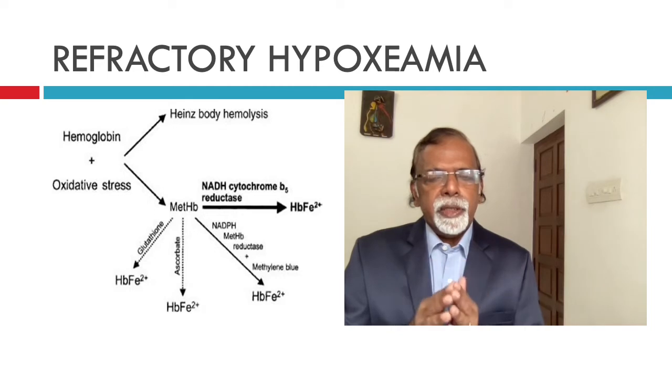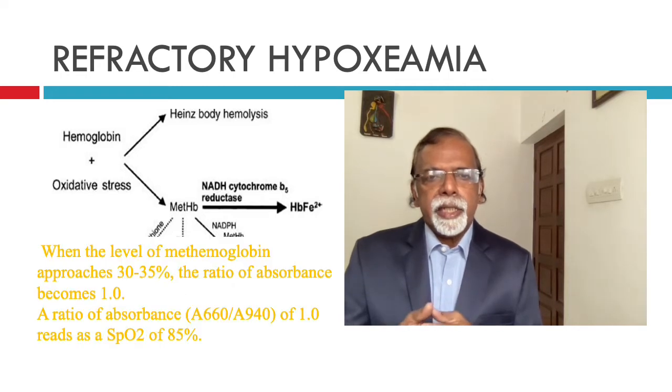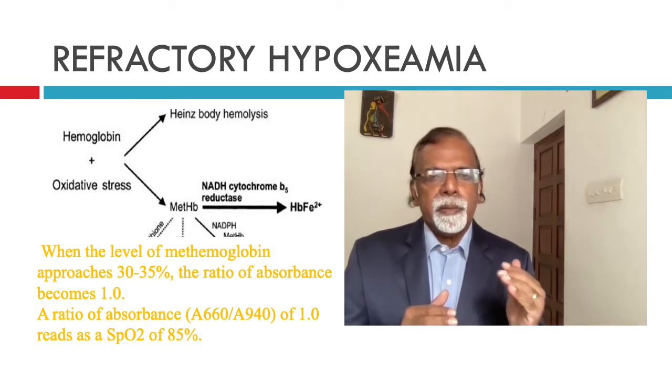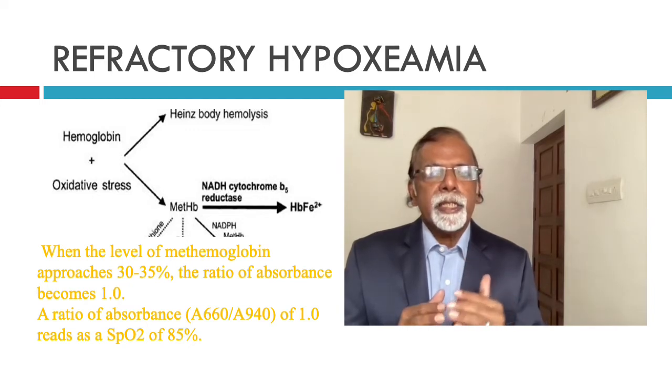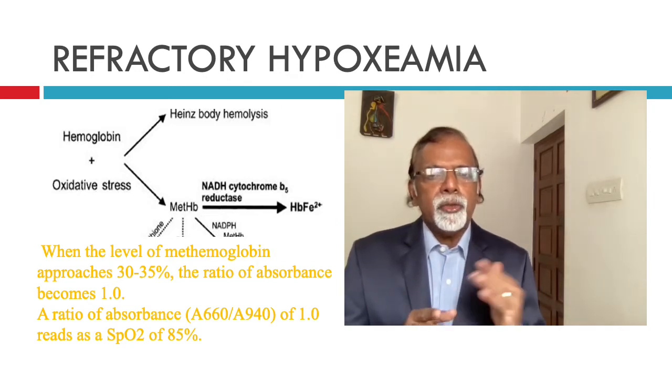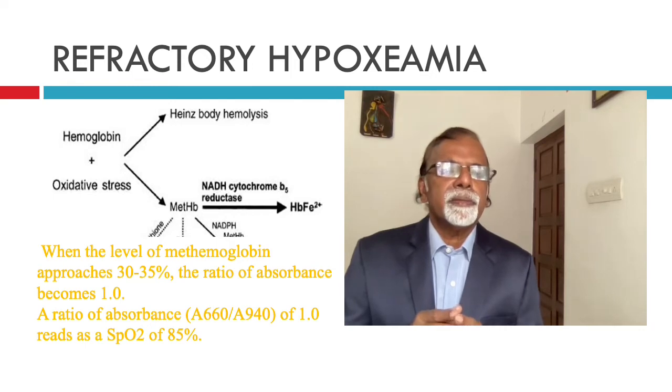So patients with methemoglobinemia, for example patients given highly oxidizing drugs like nitroglycerin, or patients on dapsone, once they develop acquired methemoglobinemia, even though the partial pressure of oxygen is high, the SpO2 will be low and it may be considered as refractory hypoxemia. So when the values are indeterminate, go for arterial blood gas analysis.